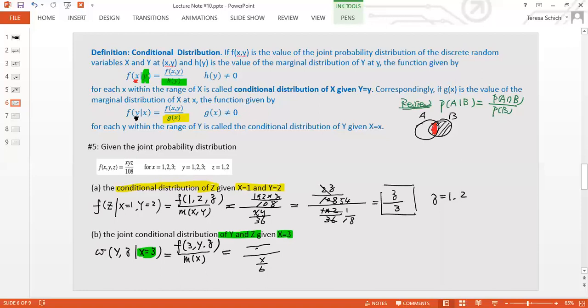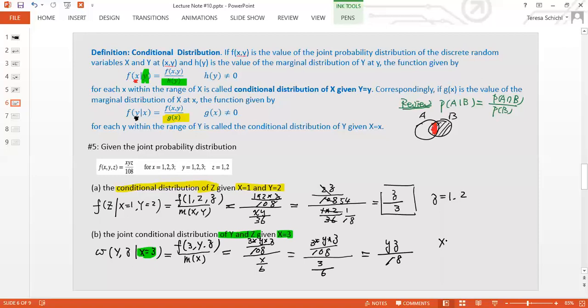My top is 108 times 3 times y times z. Then x equals 3, so it's 3 over 6. Now you can write it. This is yz over 18, right?